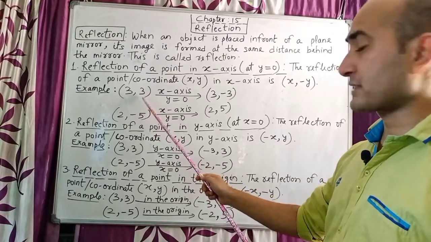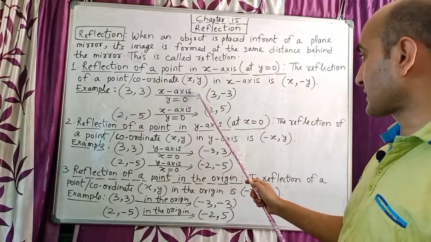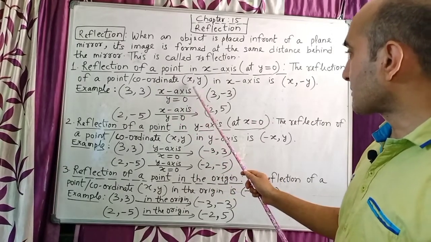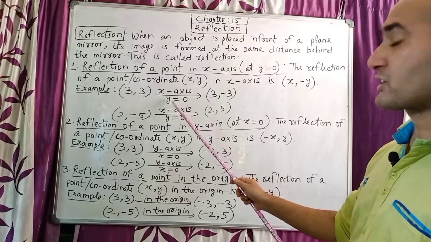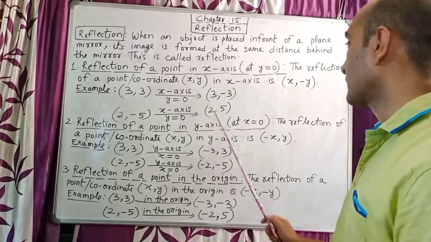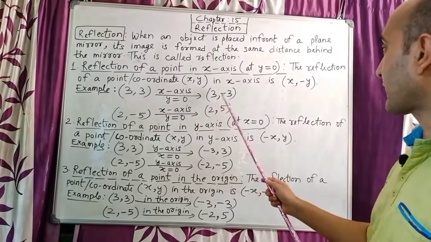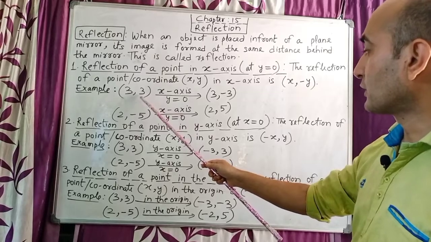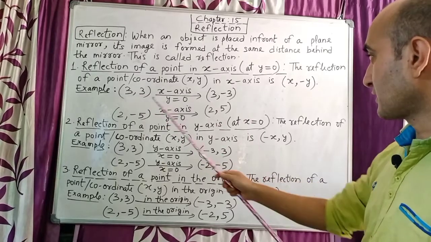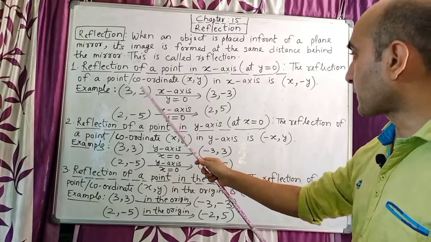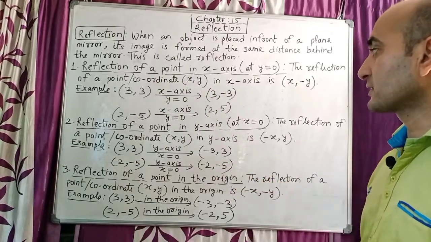When this 3 comma 3 is reflected in the x-axis, which is also called y equal to 0, in the exam either x-axis will come or y equal to 0, both will not come, but the meaning is same. Then 3 comma 3 becomes 3 comma minus 3, because the value of the ordinate changes. Plus 3 stays plus 3, but the second plus 3 becomes minus 3.